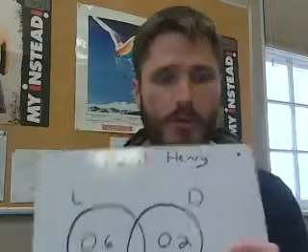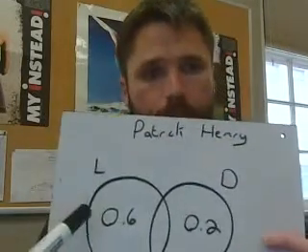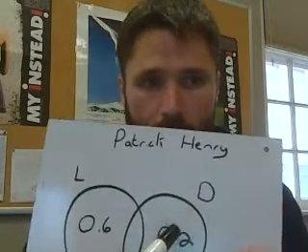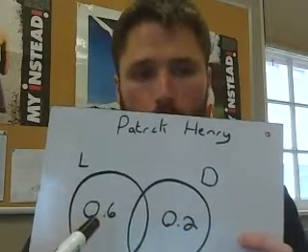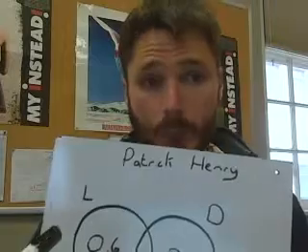So I think it would be helpful to actually set up a Venn diagram before we answer the first bullet question, which is: what is the probability that Patrick Henry could die a free man? Okay, so let's set up the Venn diagram. Here we have liberty and death, and the two are not completely mutually exclusive.